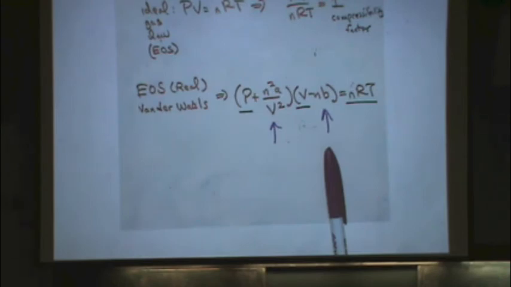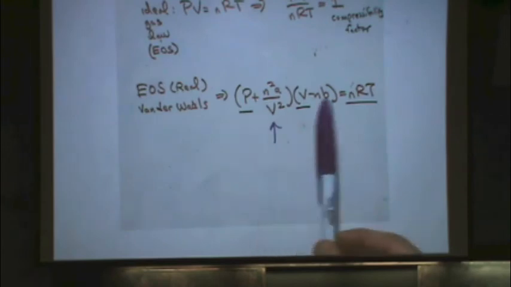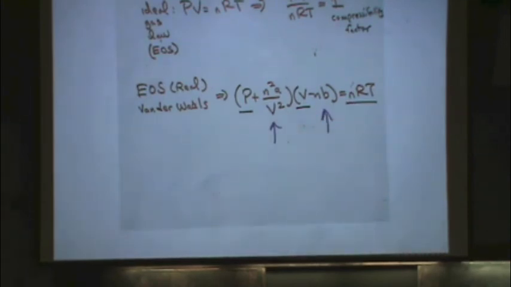They actually do take a volume, and van der Waals corrected for it by using that term there, where my pen is. Okay? So they're correction terms. All real gas equations of state look something like this, with corrections for the pressure, sometimes the volume, sometimes both. Lots of different possibilities.